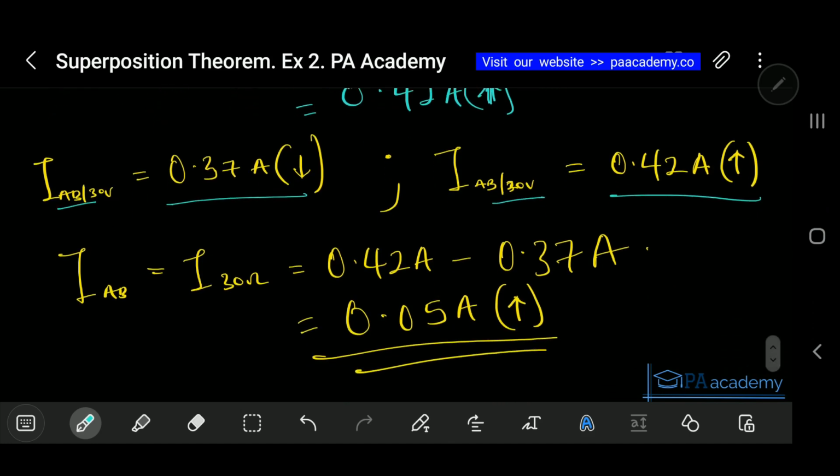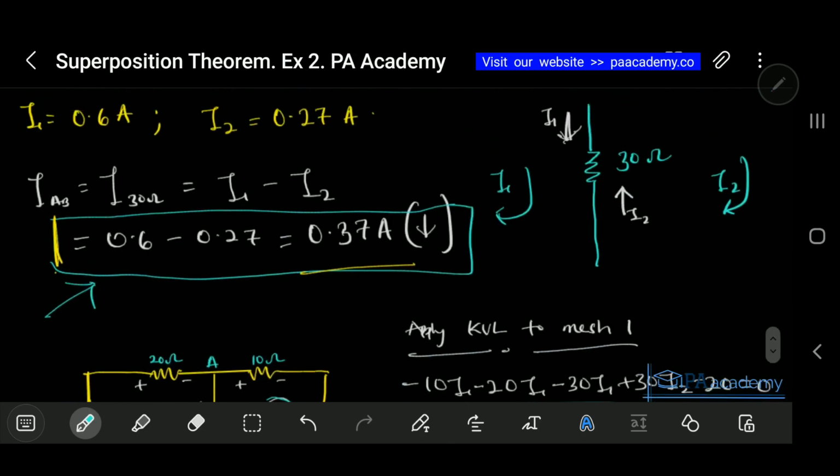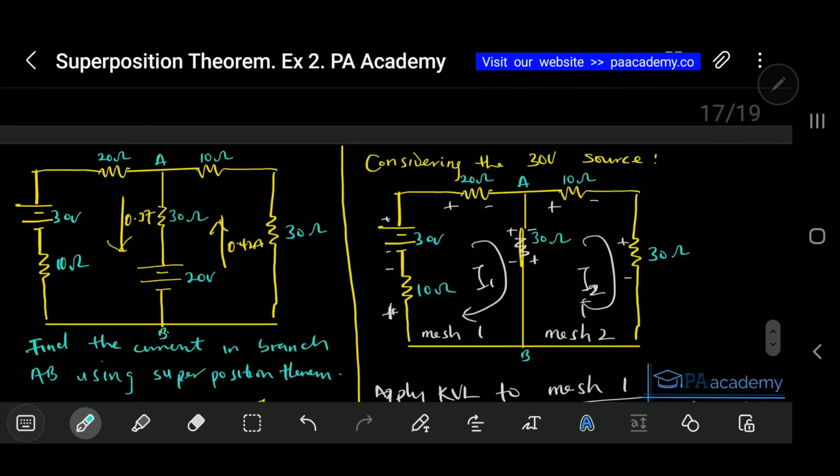Now, how do we get the equivalent current that is flowing through that branch? Let's go back to the circuit. As you can see here, we already have one voltage source's current flowing in the upward direction, which is 0.42 amperes, and another one in the downward direction. For us to get the exact value, we subtract the lower value from the higher value.